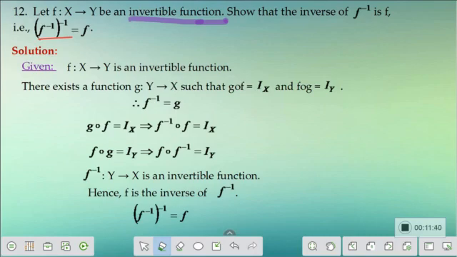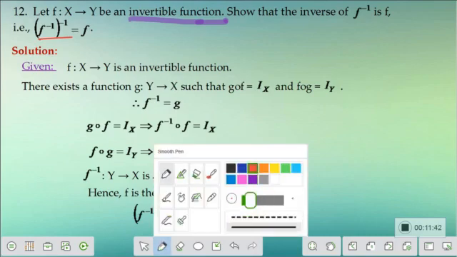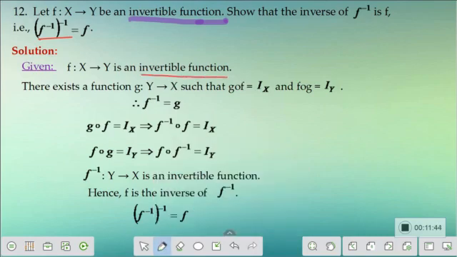We have the function f from x to y is an invertible function. So this means that you have a function, say g. Let us call that function by the letter g. There is a function g from y to x such that g composite f is equal to the identity function and f composite g is also equal to the identity function.